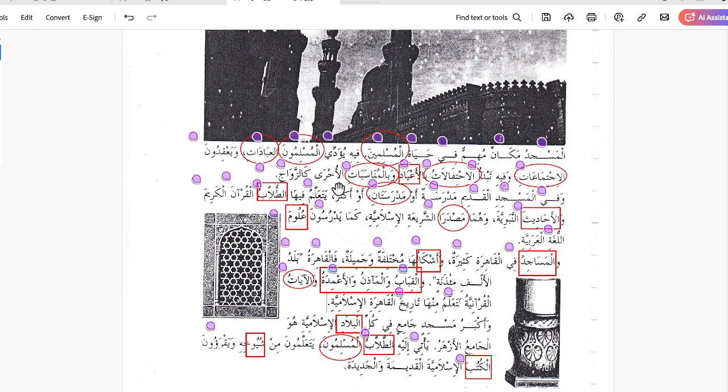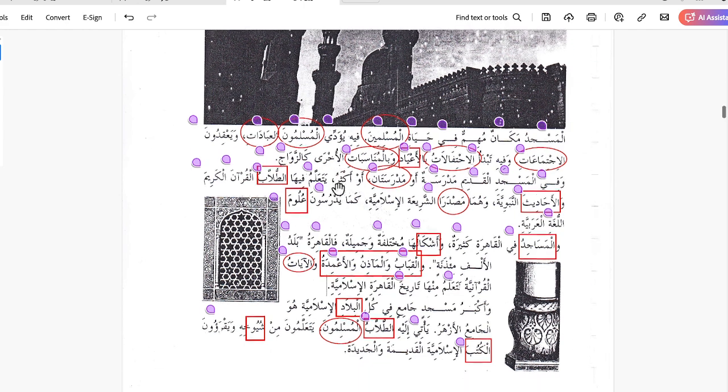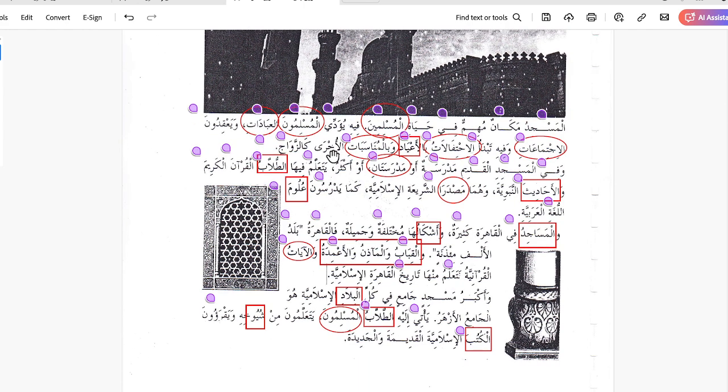We also hold those gatherings in the masjid, like for the nikah.